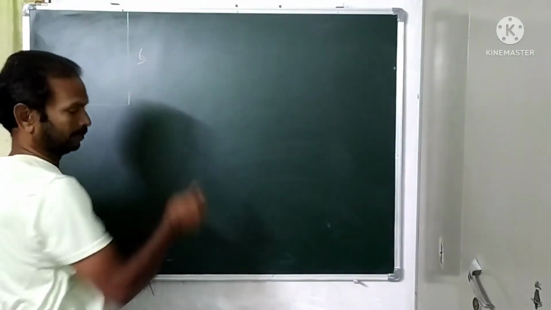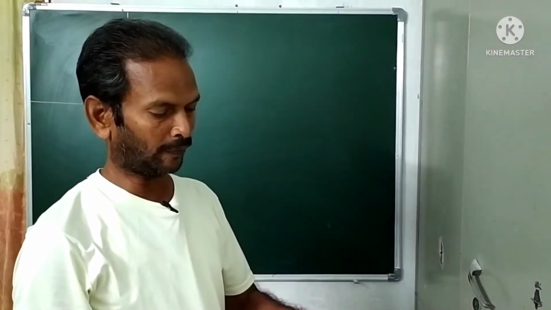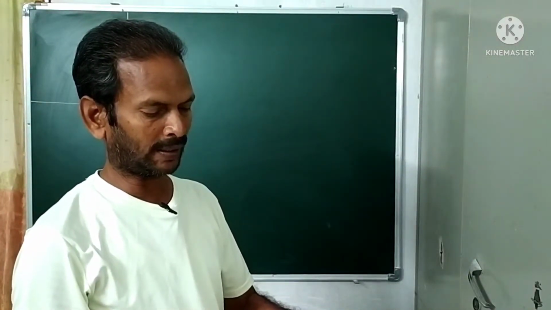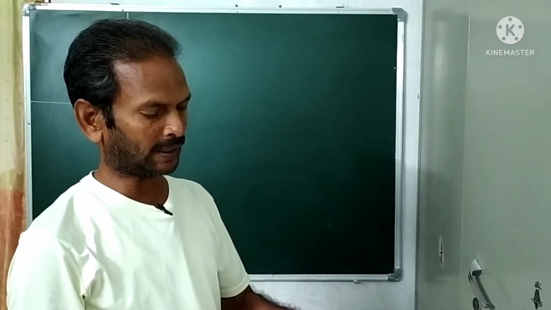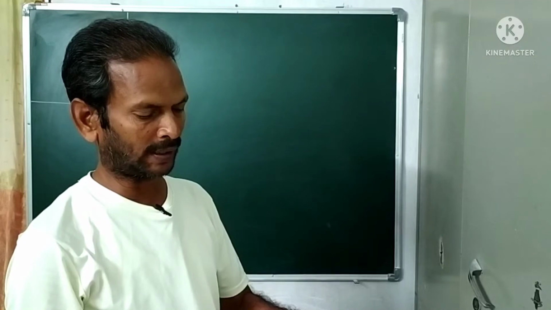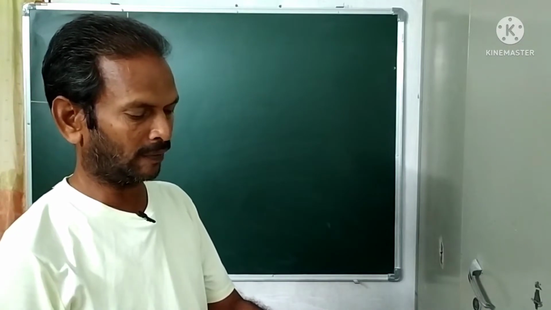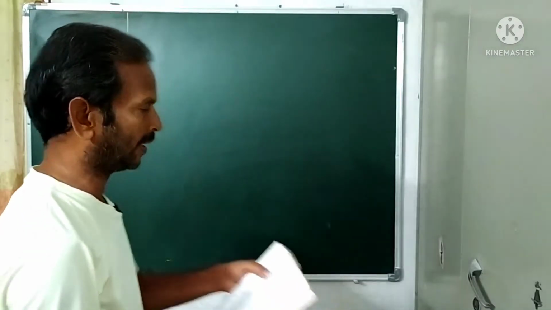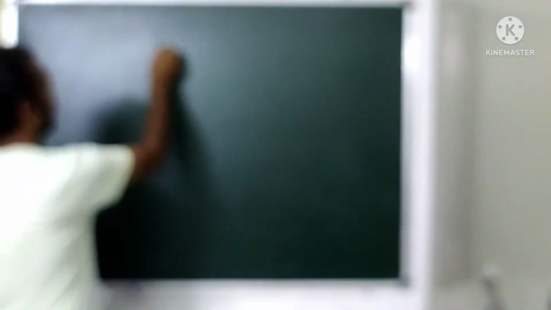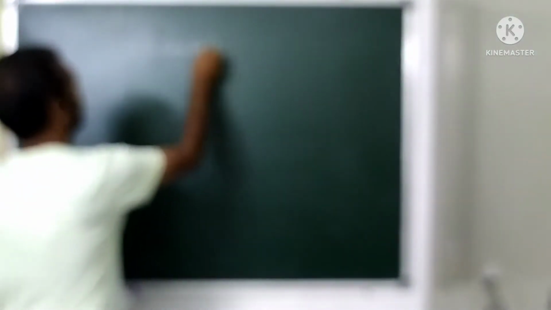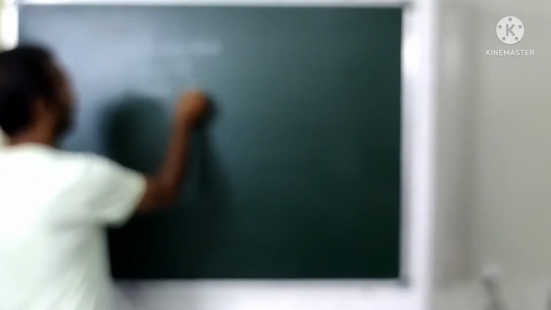See my sixth problem. The first and the last terms of an AP are 17 and 350 respectively. If the common difference is 9, how many terms are there and what is their sum? First of all, write the given data. Given that a is equal to 17, the last term is 350.